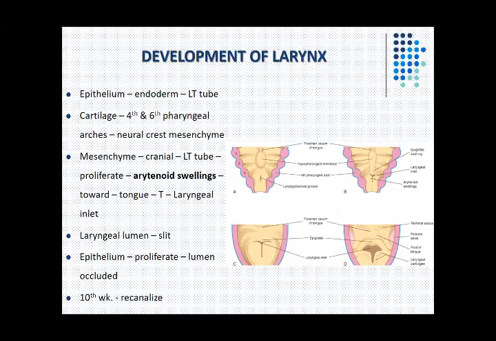now larynx की डेवलपमेंट कर लेते हैं. एंडोडर्म तो आपको बताया सारी GIT की भी and respiratory system की भी. The endoderm of the GIT and respiratory system develops into epithelium and glands. ये एक basic बात है, ये एक basic concept है, आपको पता है, ठीक है.